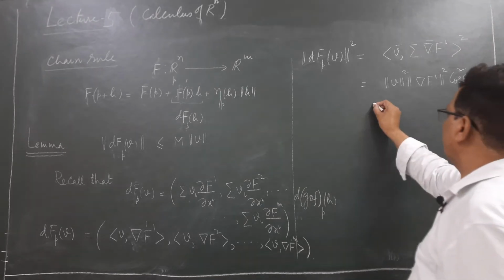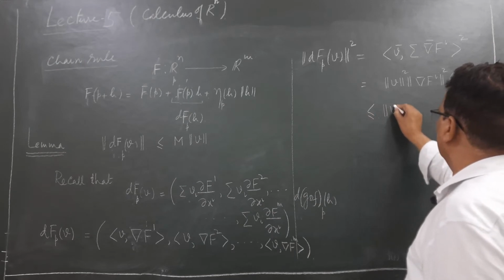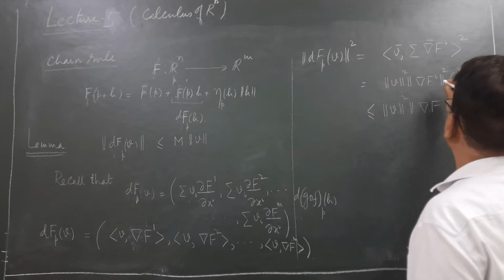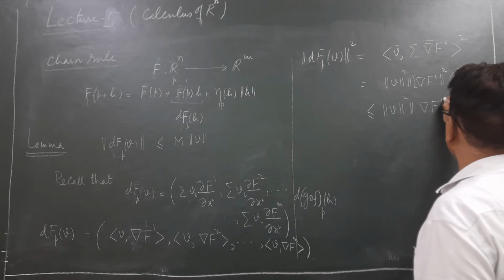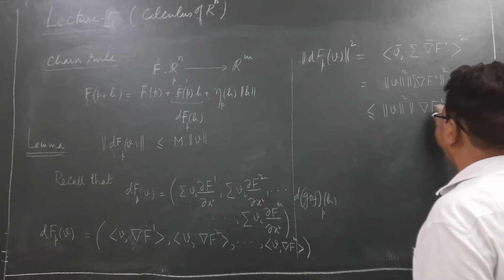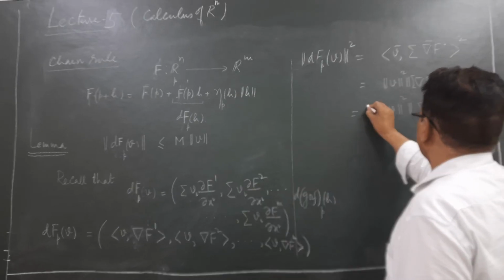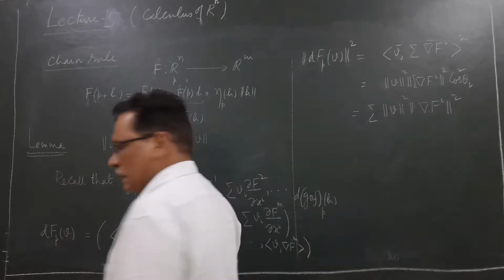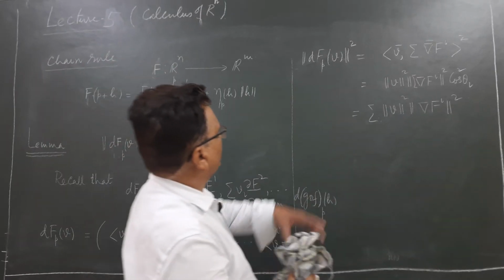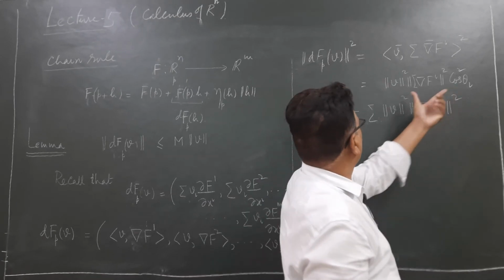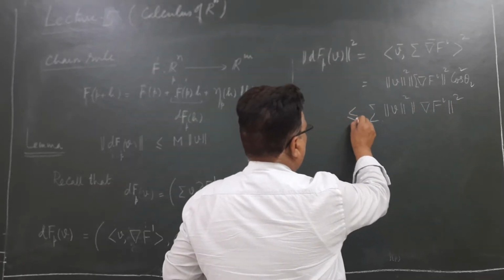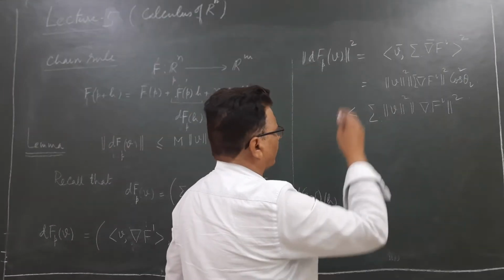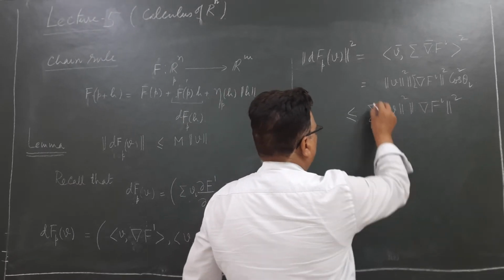So in fact this would be less than or equal to norm of v square into the summation of norm of del fi square. I is running from 1 to m, that is understood.